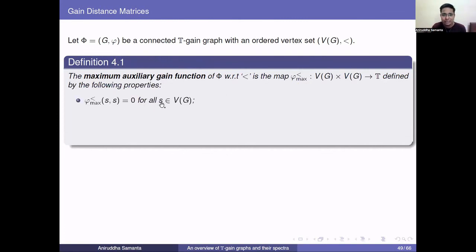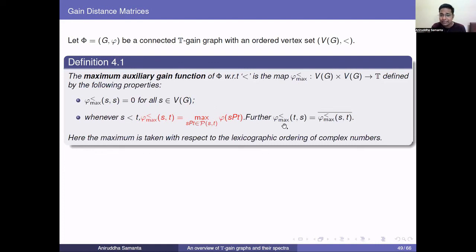For any vertex S, phi max less of S, S is 0. Whenever two vertices S and T satisfy S less than T, then phi max less of S, T is nothing but the maximum gain over all shortest paths from S to T. This maximum is taken with respect to the lexicographic ordering of complex numbers, because this is a complex number, right?